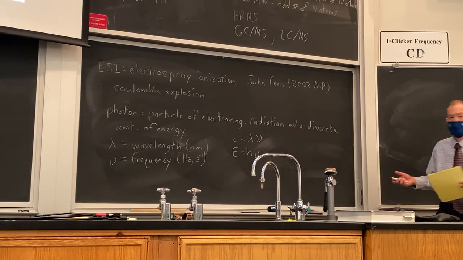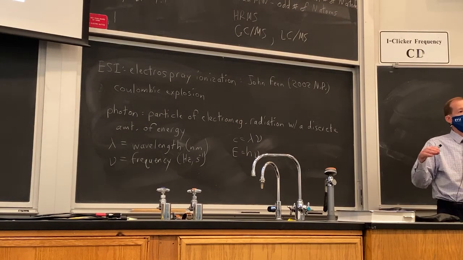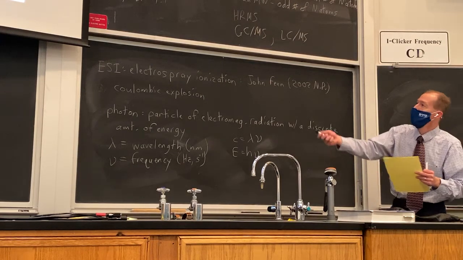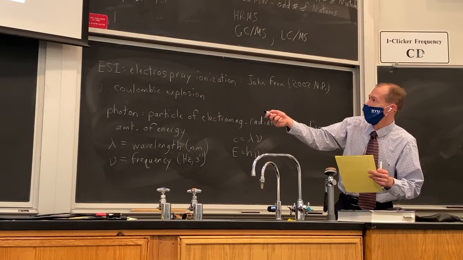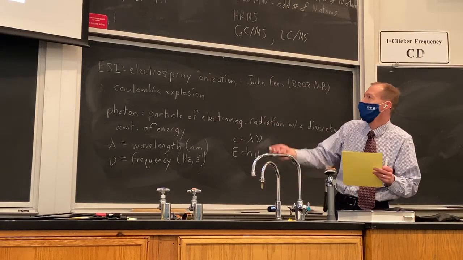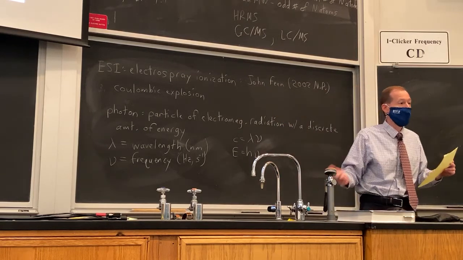E equals h nu. So that tells us that energy is proportional to frequency, meaning that our higher frequency radiation has higher energy. So on here, we see that written here. Gamma rays would be the highest energy radiation, whereas radio waves would be the lowest energy radiation.